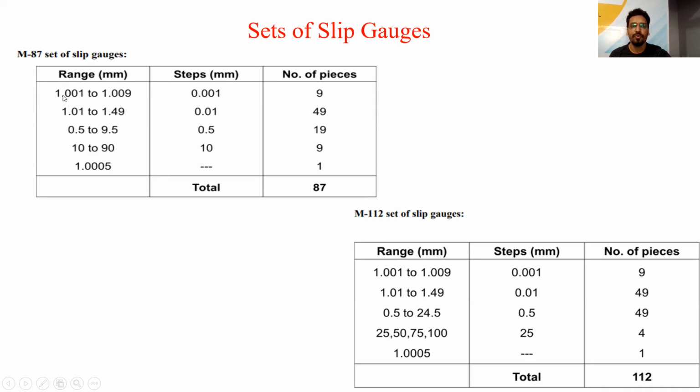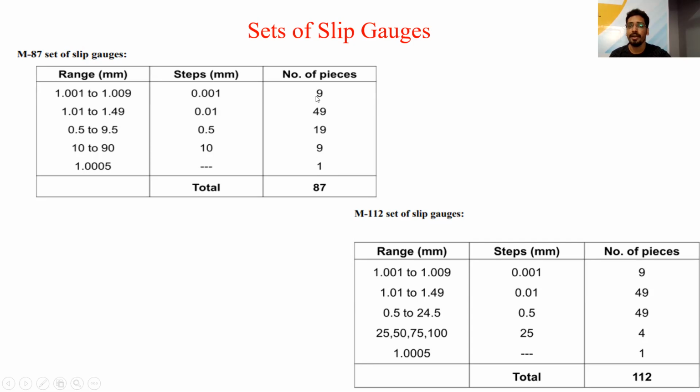The first range is 1.001 to 1.009. It means there are 9 slip gauges with a step of 0.001. It means 1.001 mm, 1.002 mm, 1.003 mm, so between two slip gauges there is a step of 0.001 mm.